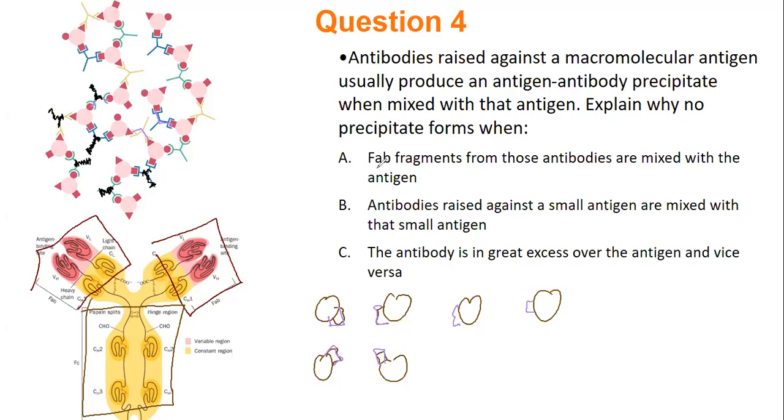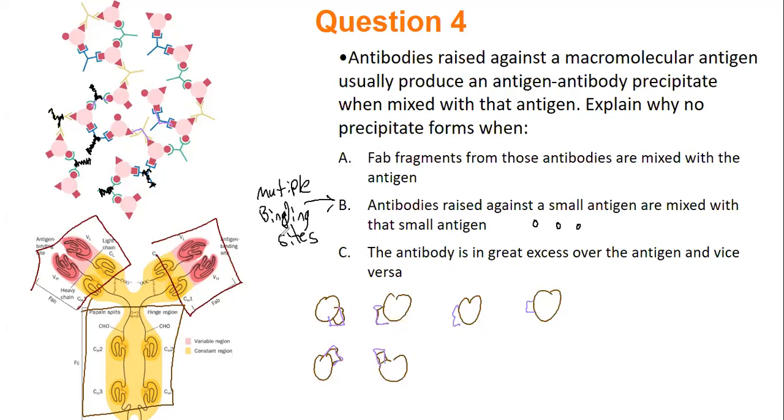All right, for B, let's say I have a small antigen. Why can't I form this precipitate? If the antigen's super small, if it's super tiny, it probably won't have multiple sites to bind. So to get a precipitate, you need multiple binding sites on the same foreign molecule, right? If it's small, it probably won't because there's not enough difference in geometry.